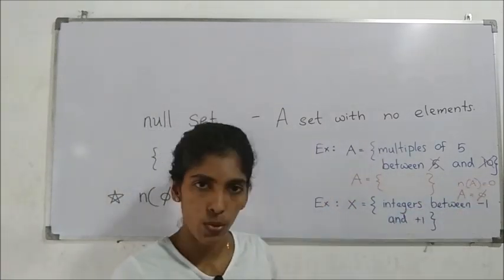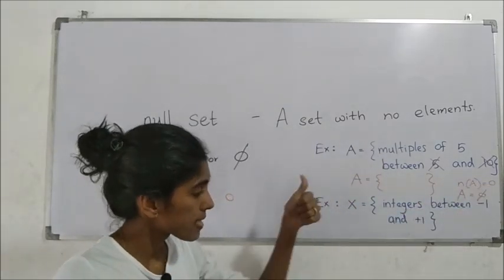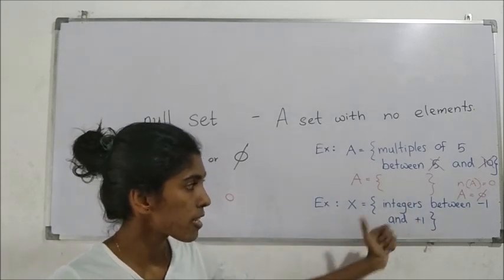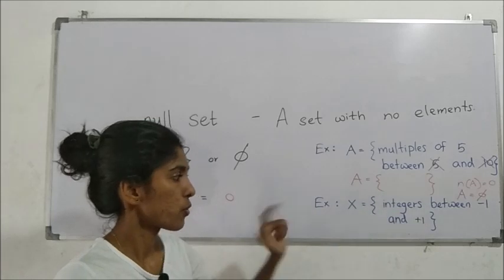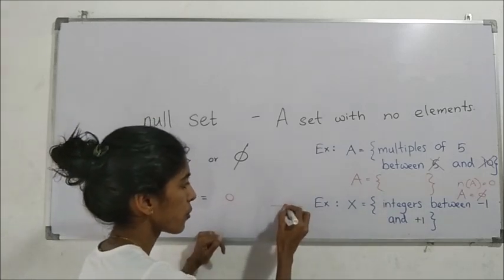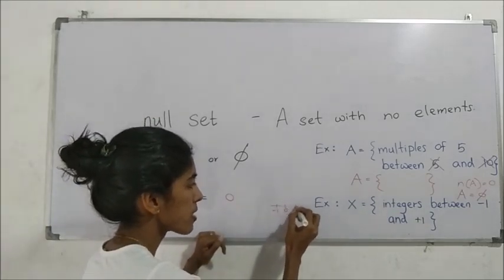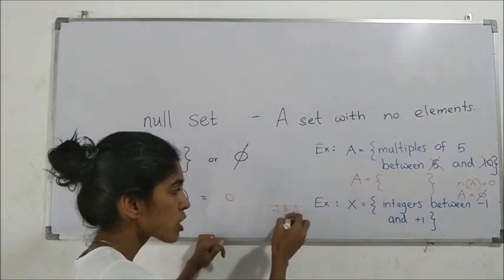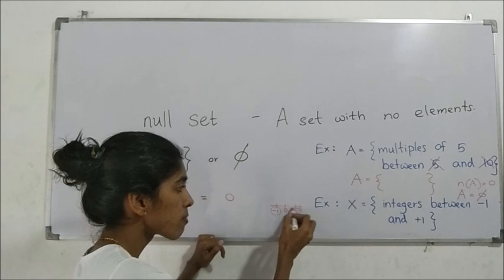Number of elements 0. Now go to the next example, set X, integers between -1 and +1. When you consider the number line, you know that 0 is there, -1 is on this side, +1 is on the right side. So are there any integers between -1 and +1?